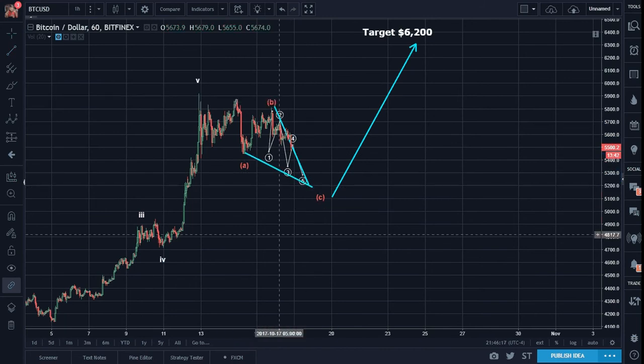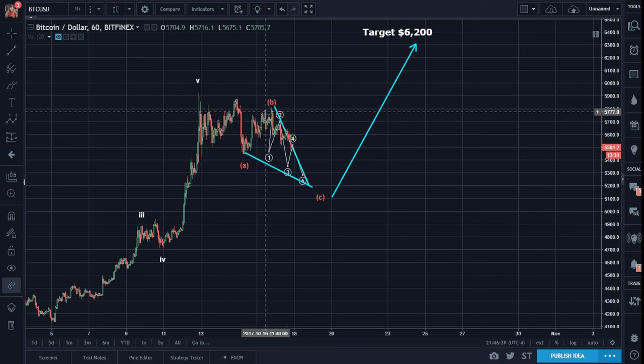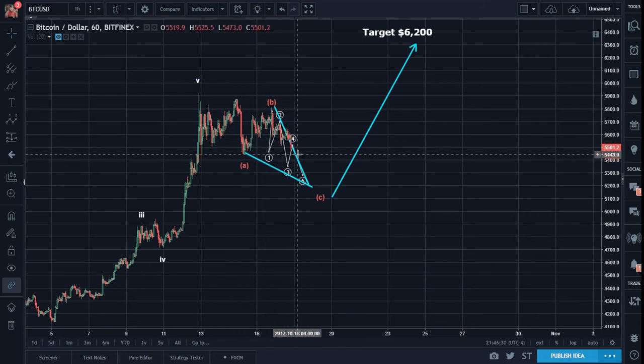Why? Because Bitcoin loves triangle patterns, as you can probably tell by now, and it loves flag patterns, as you can tell here. Was a bearish flag, here was another bearish flag. And this may morph into a downward pointing bullish symmetrical triangle as well.